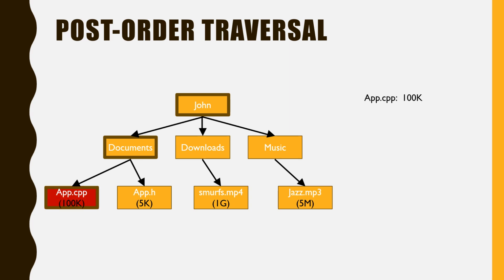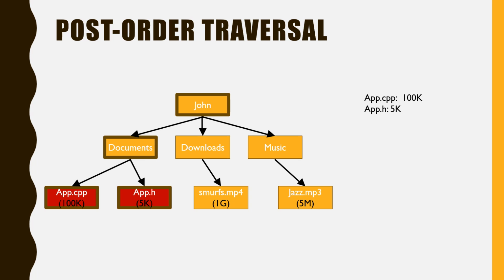Next, we consider the node app.cpp and find that it has no children. In this case, there is no need to visit any children, so we can proceed with visiting this node. We then record the size of app.cpp. To indicate that the node has been visited, we color it red.